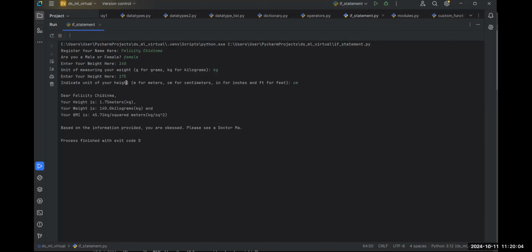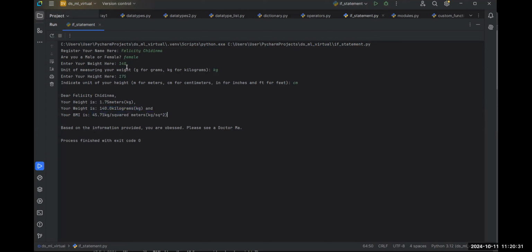Okay, beautiful. So you can see what we've done here. We used a weight of around 140 kilogram, and we maintained a 175 centimeter height. It's now told us that the height is 1.75 meters, the weight is 140 kilogram, and your BMI is 45, which is very high.